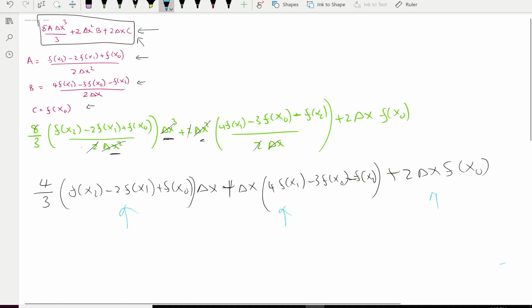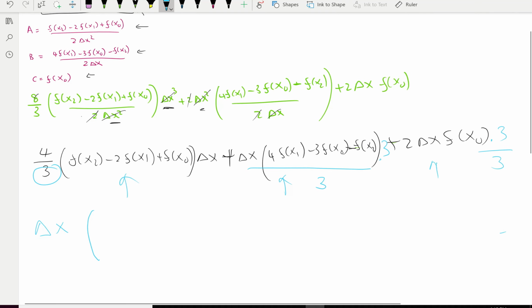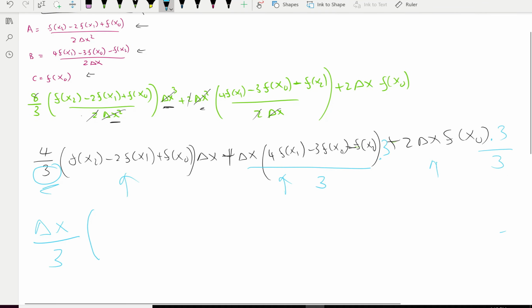Now if you look at all three expressions, we can see delta x is common, right? We can factor out a delta x. So if you factor out a delta x, let's see what's going on. We have 3 here. Let's make the common denominator 3 by multiplying the numerator by 3 and dividing by 3. So we can take a 3 out too from all these 3 denominators in the 3 expressions.